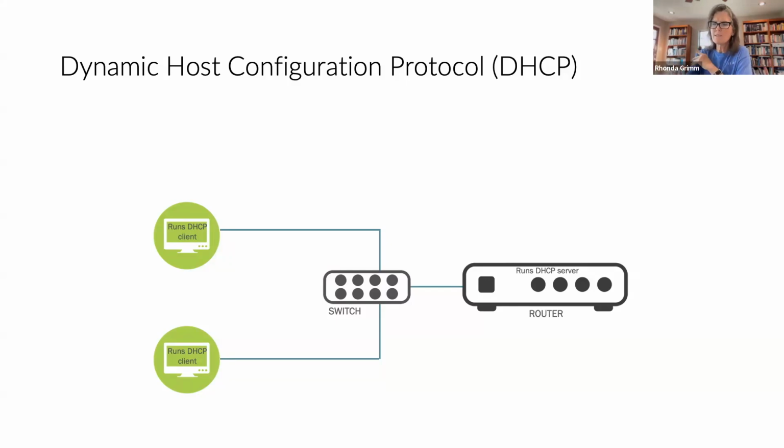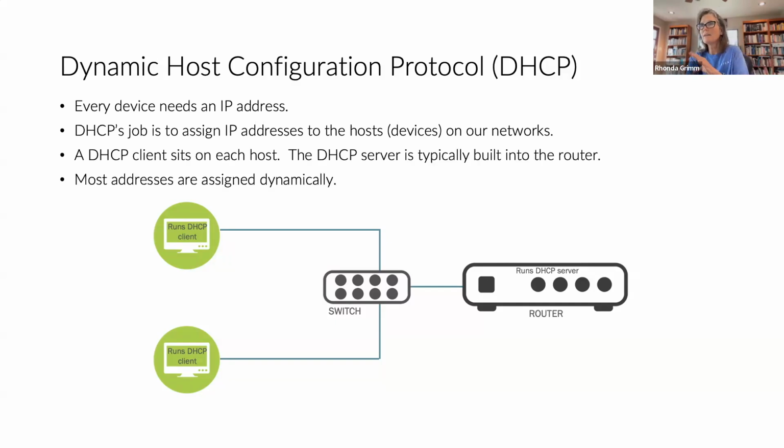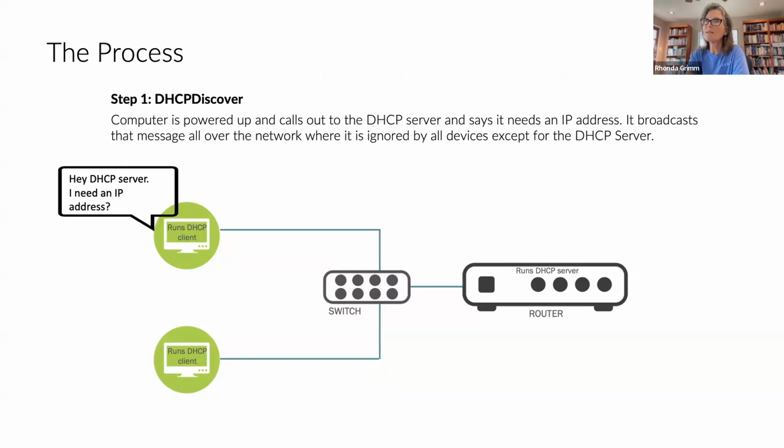And they connect to the switch. So every device needs an IP address, and it's the DHCP server's job to assign IP addresses to the host devices. One thing you'll know is that because of the dynamic host, the addresses are assigned dynamically. So what does that all mean? So here's basically the process.